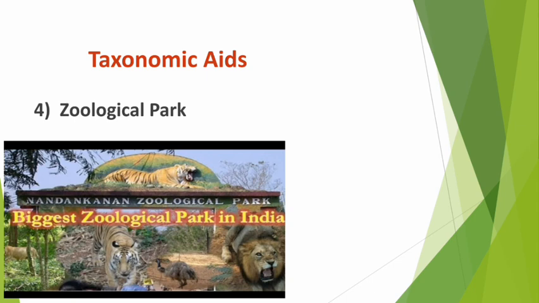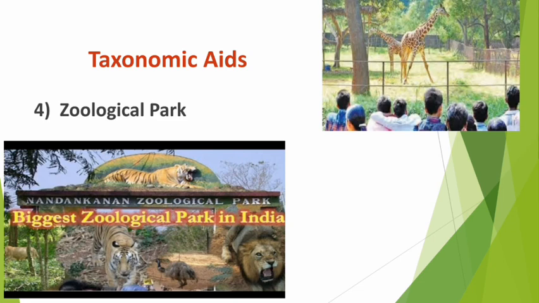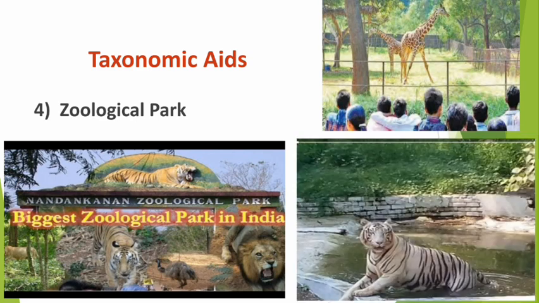If you find any chance to visit, you may go and visit there. There, as you see in the picture, tigers and lions are present, and if you wish to see them live, you can. Here in one picture you may see how giraffes are kept in the zoo, and visitors visit to see how a giraffe looks. Here a tiger is taking a bath in a small pond provided in the zoological park.